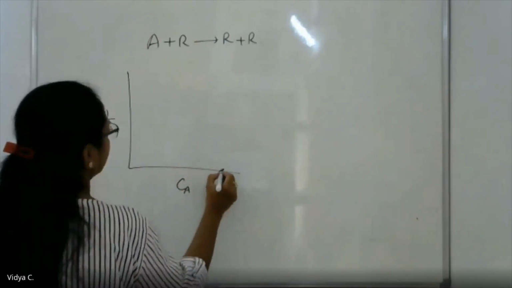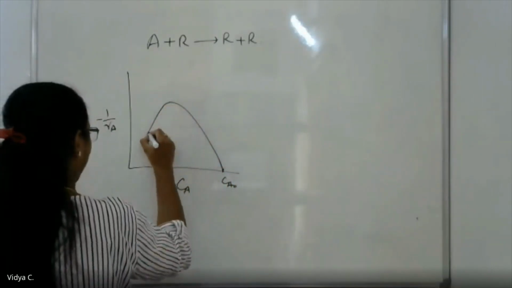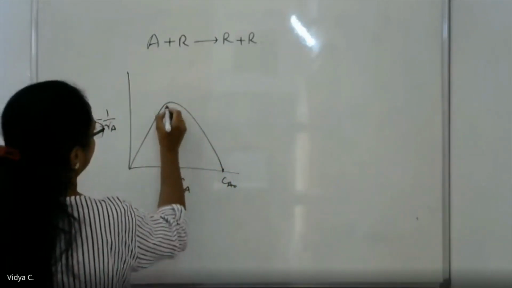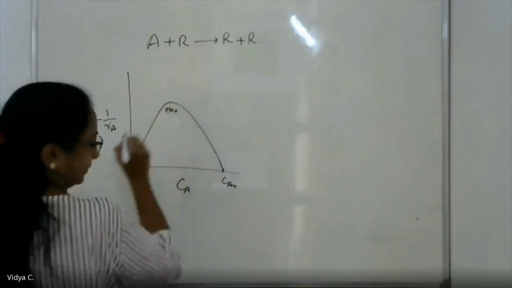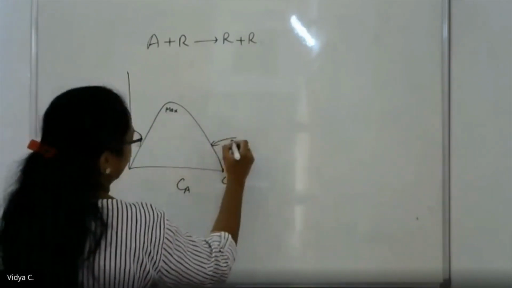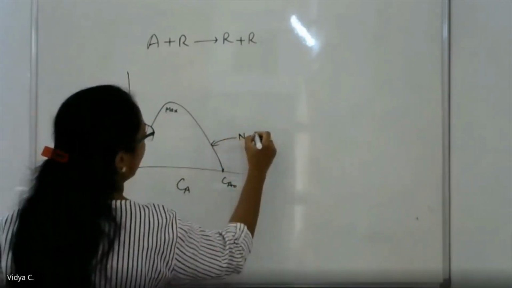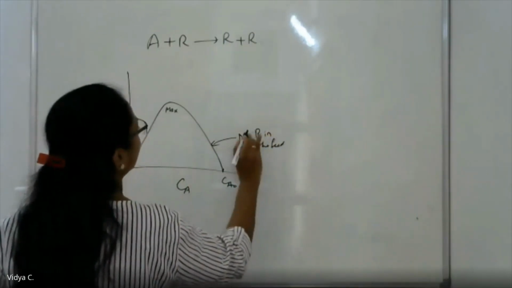Initially the reaction proceeds like this and slows down, till this is a maximum. When I plot this one, there is no R in the feed.